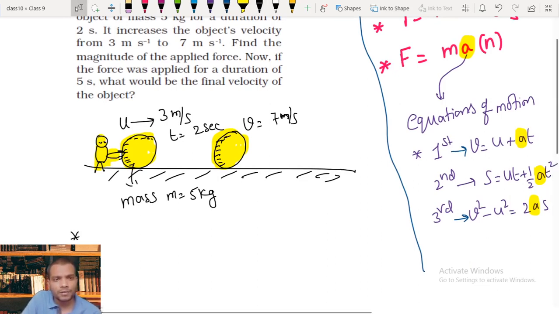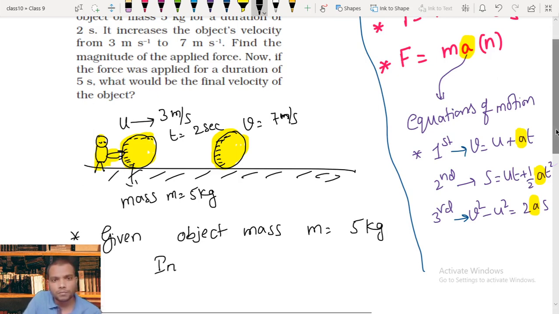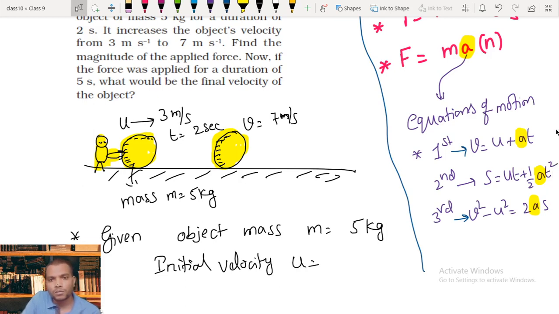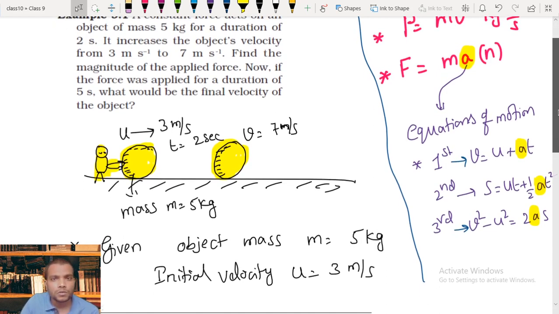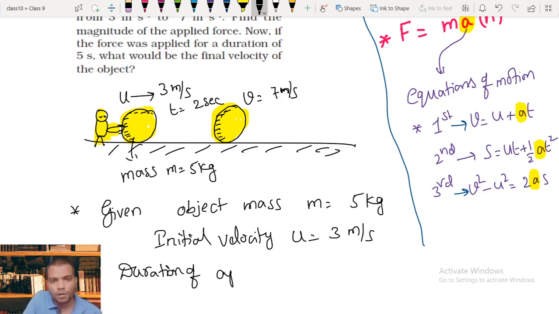Let us write the given quantities. Given: object mass m equals 5 kg, initial velocity u equals 3 meter per second, and duration of applied force, meaning how much time it is applied.